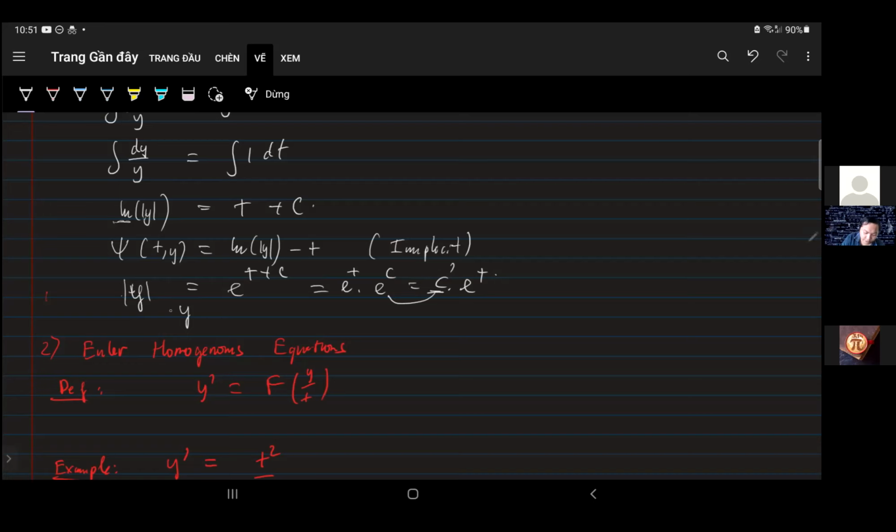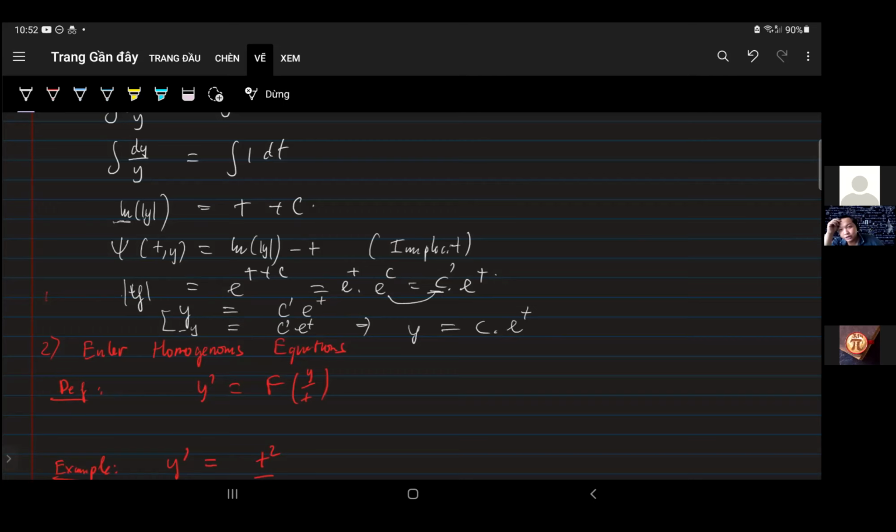From here you separate it into two cases: either y equals c prime e to the t, or negative y equals c prime e to the t. So y can be any arbitrary constant times e to the t. That is all of the solutions for y prime equals y.